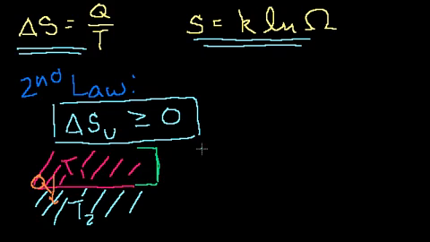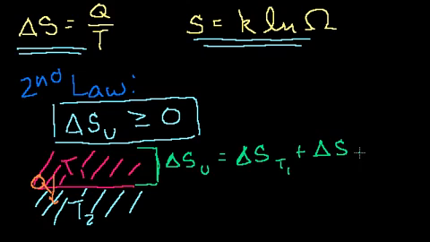The second law says that the change in entropy for the universe is greater than 0, but in this case that's equal to the change in entropy for system 1, that's this hot system up here, plus the change in entropy for system 2.